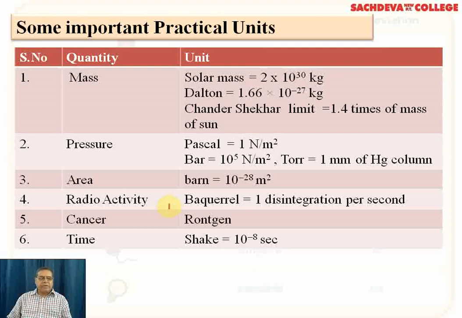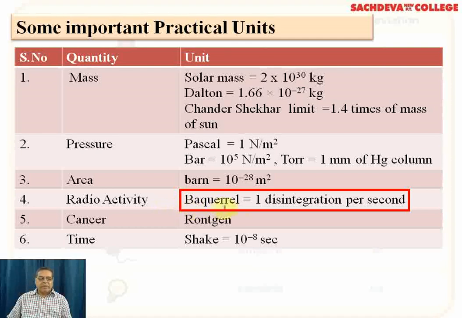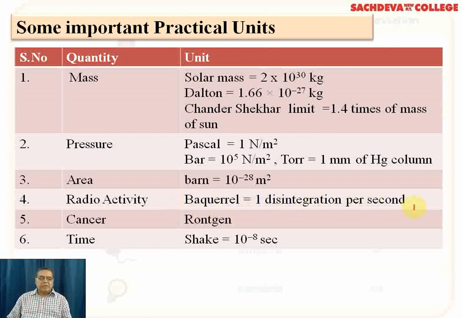The unit of radioactivity is the becquerel. 1 becquerel is 1 disintegration per second. When we use the term 1 disintegration per second, we mean that 1 atom is breaking in 1 second, or 1 nucleus is breaking in 1 second. We can't expect more than 1 nucleus in 1 atom.